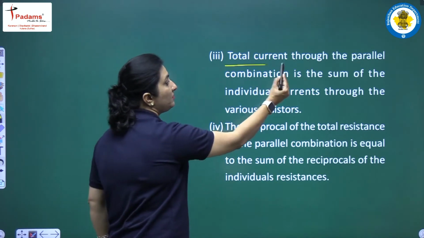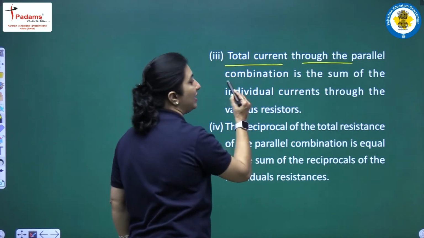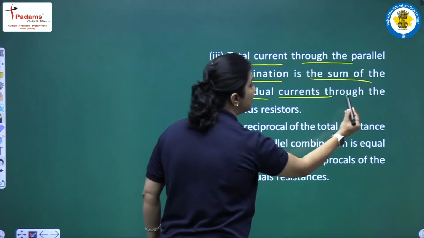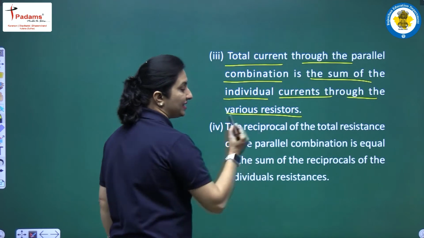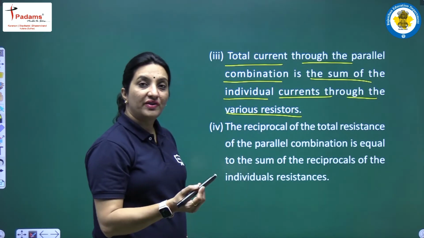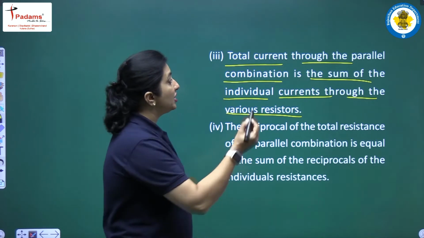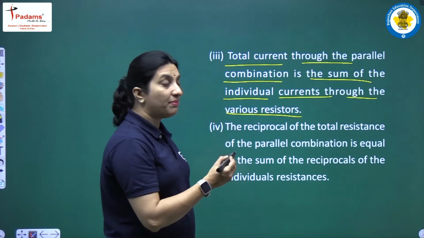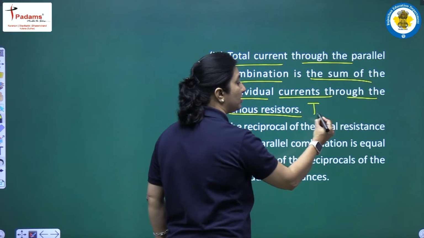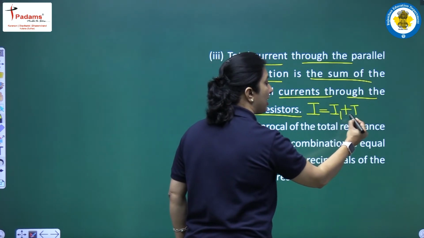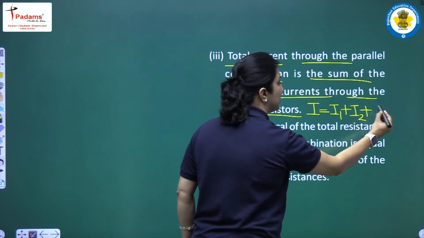Moreover, total current through the parallel combination is the sum of the individual currents through the various resistors. If the currents through the various resistors are taken as I1, I2 and I3, then the total current is given by I is equal to I1 plus I2 plus I3.